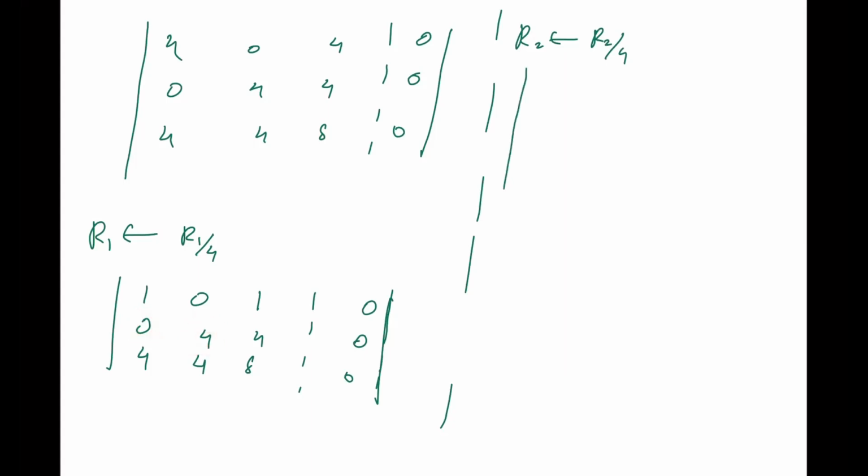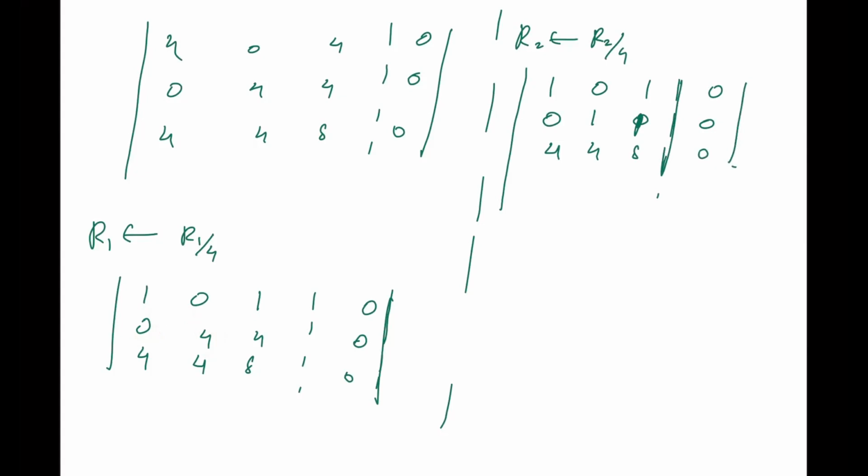So with this simple Gaussian elimination I get 0, 1, 1, and this is 0. I can have 4, 4, 8 because I did nothing to my third row.